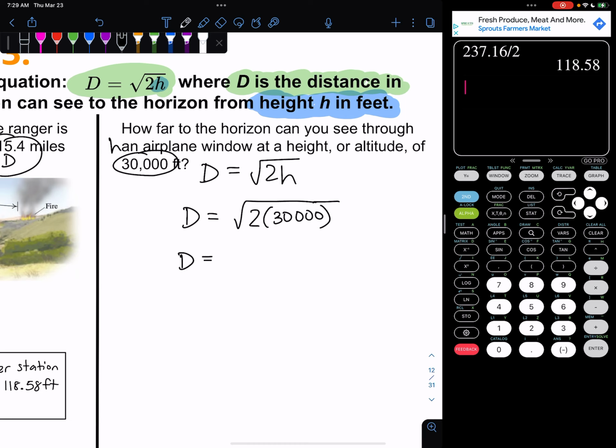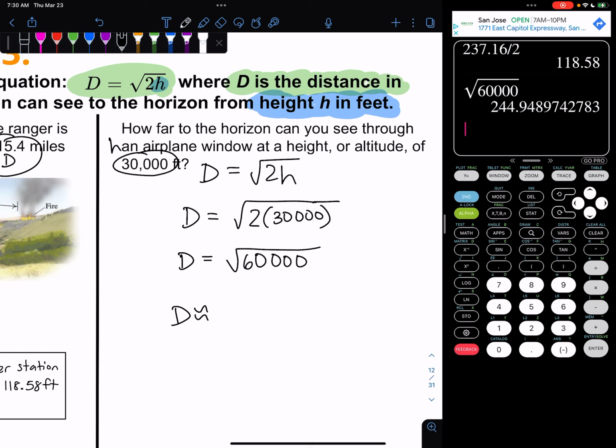So D is really square root of 60,000. So let's see, what is that? Square root, 244.95. Distance in miles.